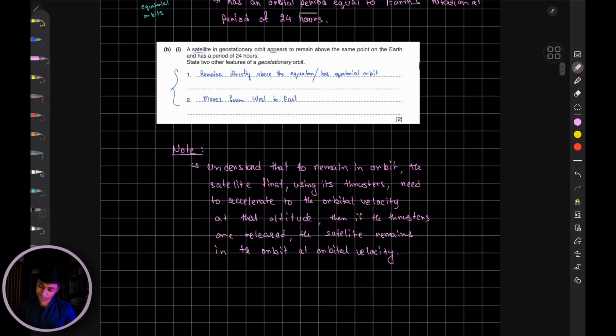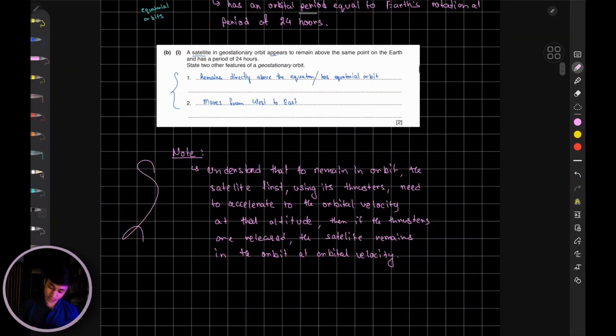Now, one thing to understand is that for this satellite to orbit, the satellite needs to reach its orbital velocity such that Earth provides the centripetal force to revolve around Earth.